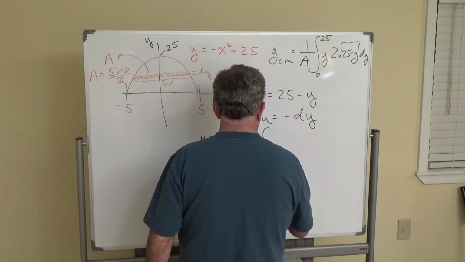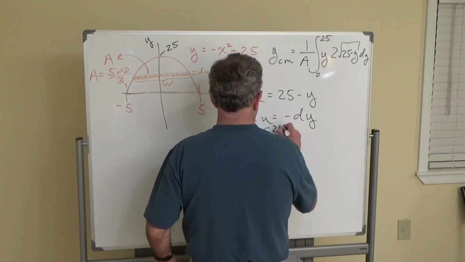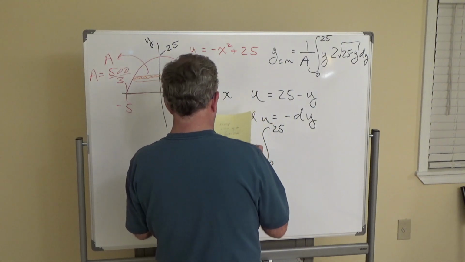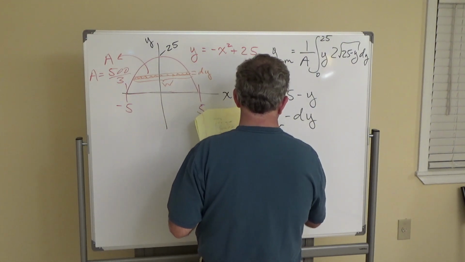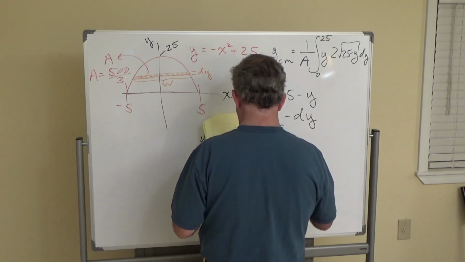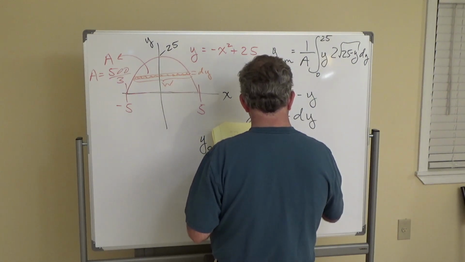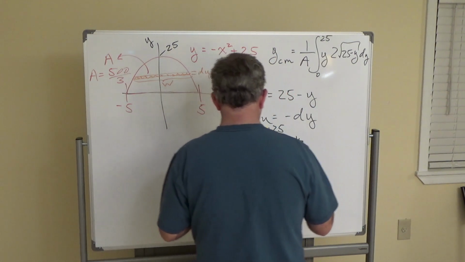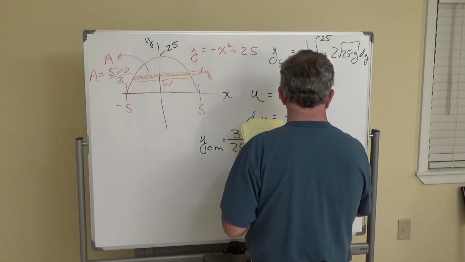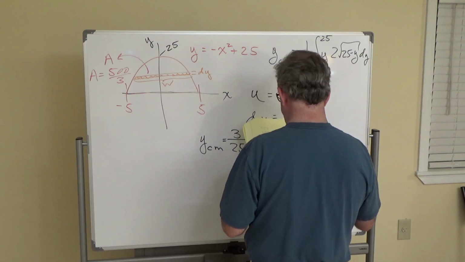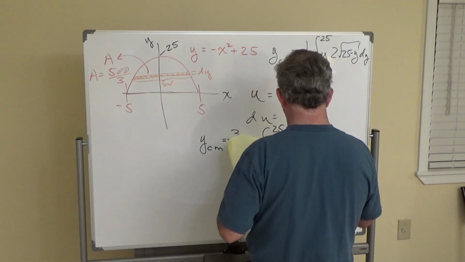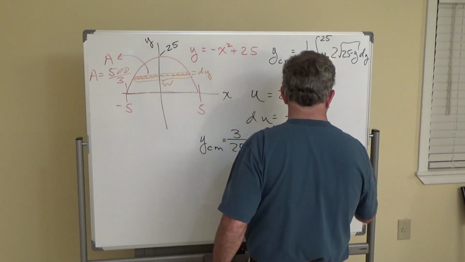Then it's the integral from 0 to 25 of 25 u to the 1/2 minus u to the 3/2, and all of that times du.